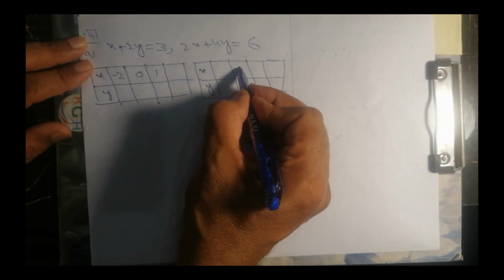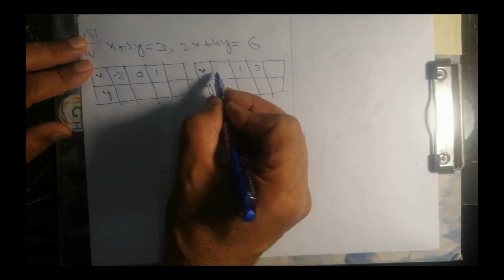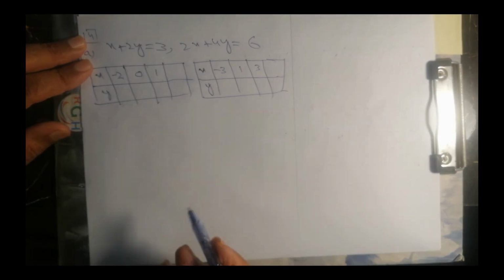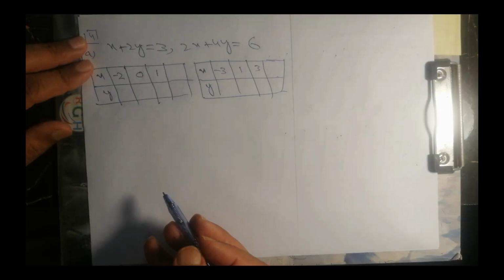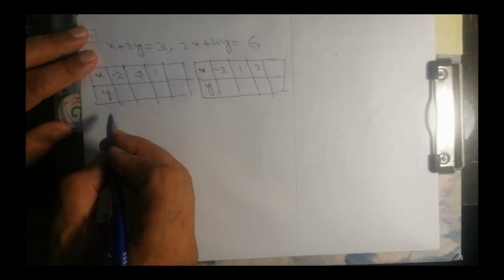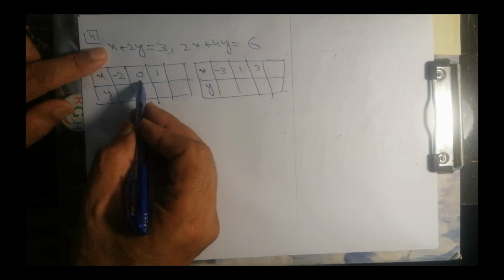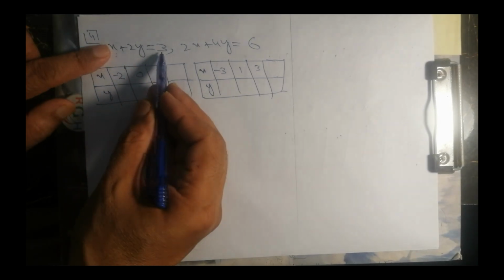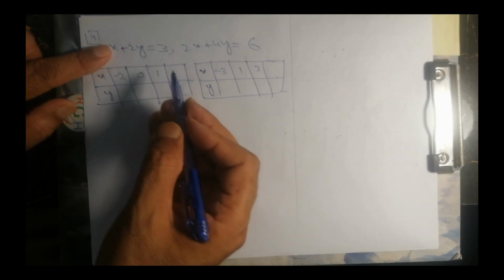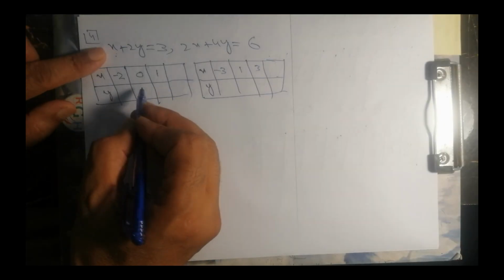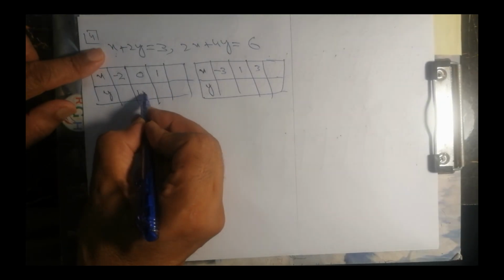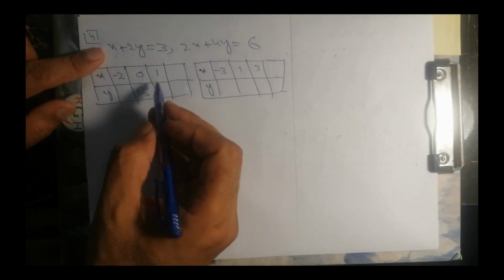So here we can take 1, 3, minus 3, whatever value you like we can take. And for this equation, when we put x equal to 0, 2y equal to 3, and y equal to 3 by 2. 3 by 2 means 1.5. So 1.5 for x equal to 0.